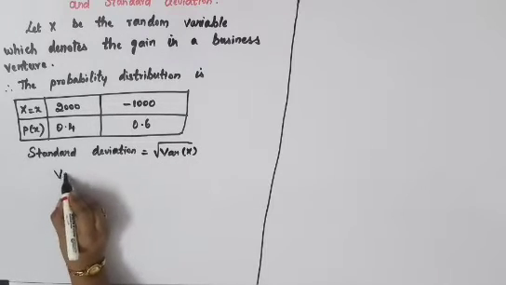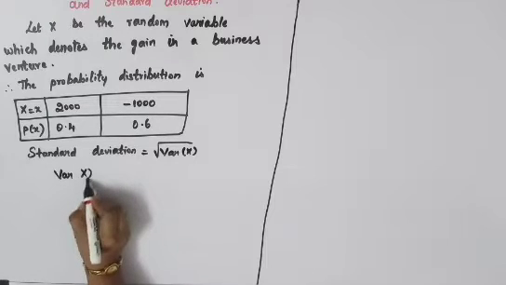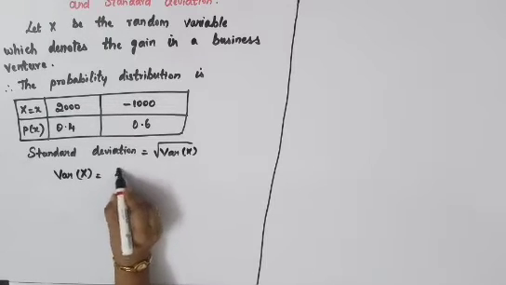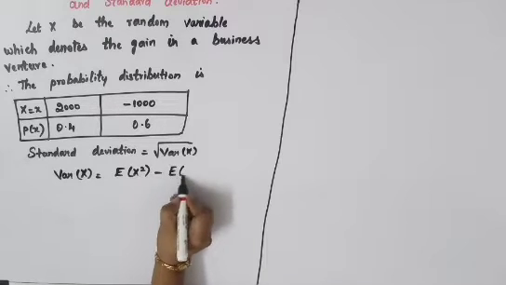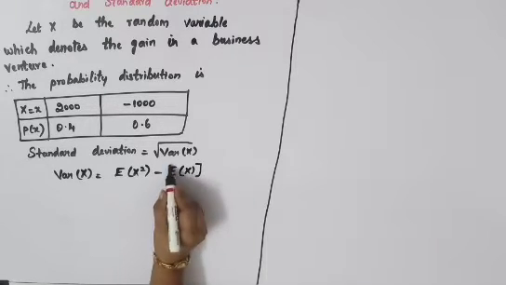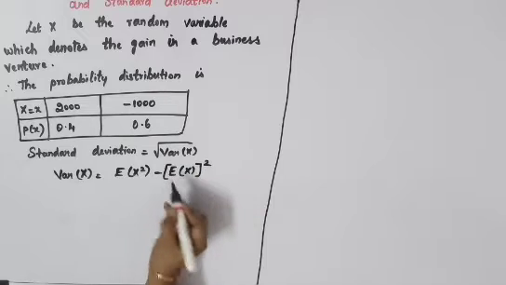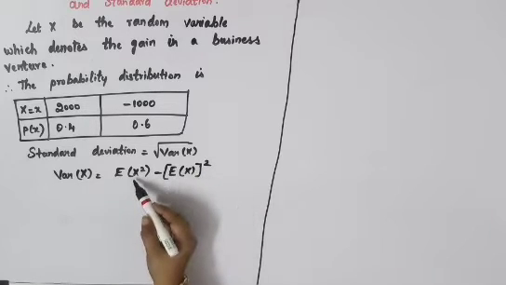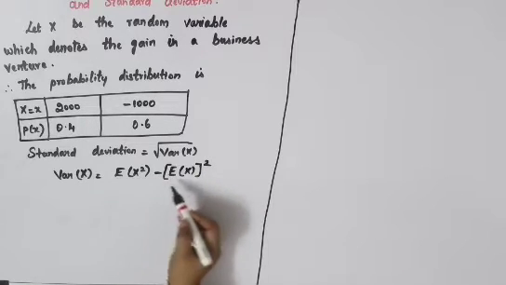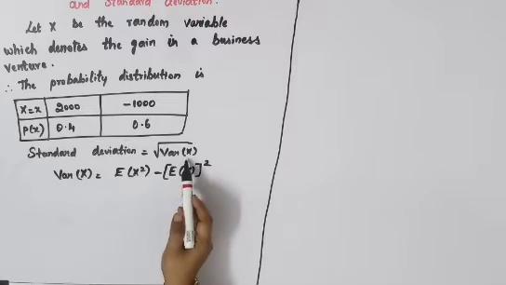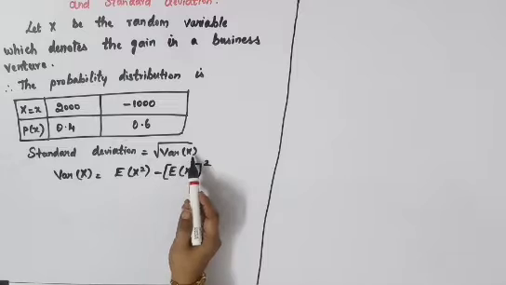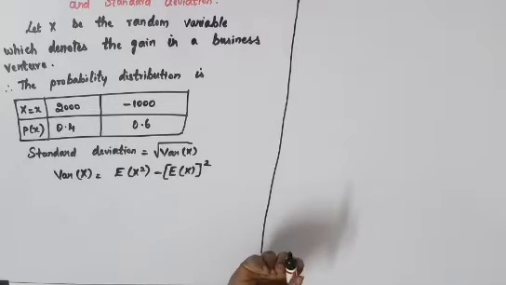Variance of x is equal to E of x square minus E of x the whole square. So you need E of x and E of x square. Then you can substitute both in the variance of x, then substitute this variance of x in the root of variance of x formula. Then the standard deviation will be ready.